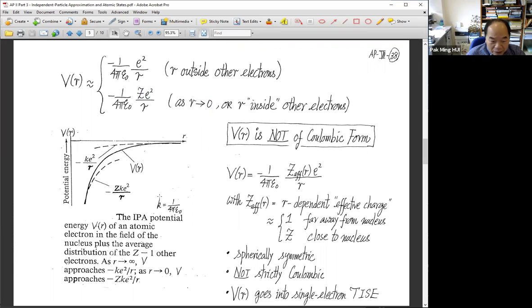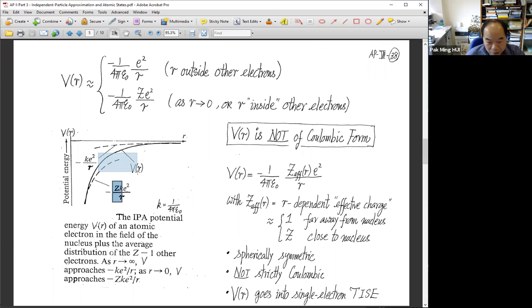So draw it out here. Very far away, you see -1 over R. Very close to the nucleus, you see minus, for example, 92 over R, okay? So this is going steeper than that one.